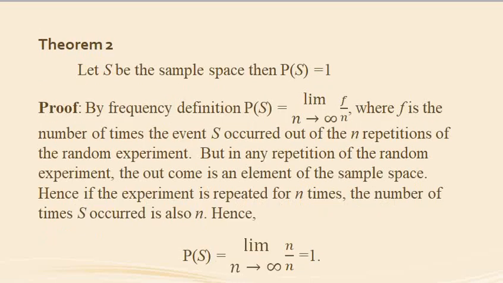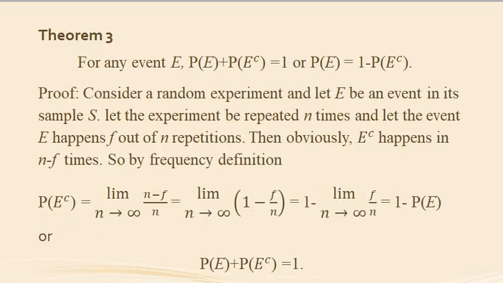Now the third theorem is that P of E plus P of E complement equals 1, or P of E equals 1 minus P of E complement. So let E be the event that happens f times out of n repetitions, then E complement happens n minus f times.